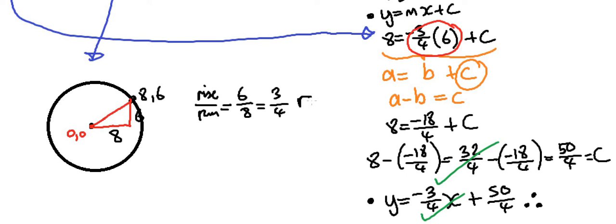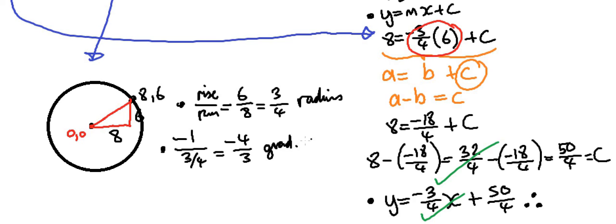So that's my radius gradient. Now I need to find the negative reciprocal, minus 1 over 3 over 4, which is minus 4 over 3. That's my gradient of the tangent.